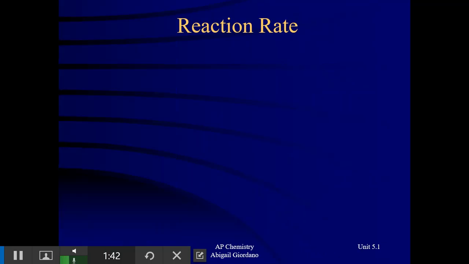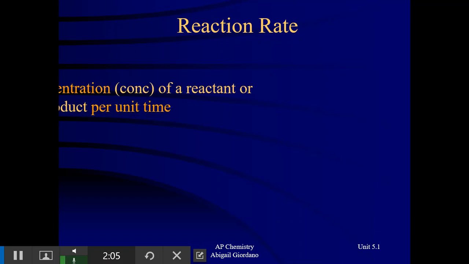So how do you measure the speed of a reaction? I mean, if you think about how you measure the speed of a car, typically we express speeds of a car in miles per hour or kilometers per hour, a unit of length per time. So how do you apply that same concept to a chemical reaction?